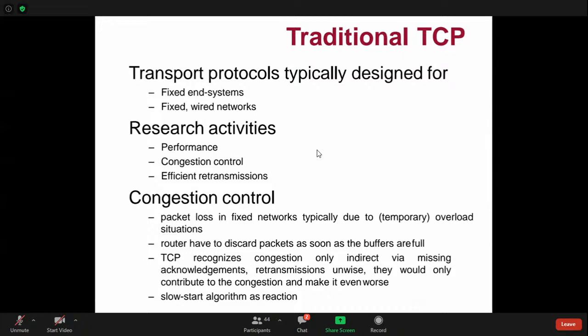So how does this congestion need to be controlled? You know the congestion: a lot of packets are sent beyond the capacity. If you reach beyond the capacity, then what would happen? The router has to discard the packets as soon as buffers are full.